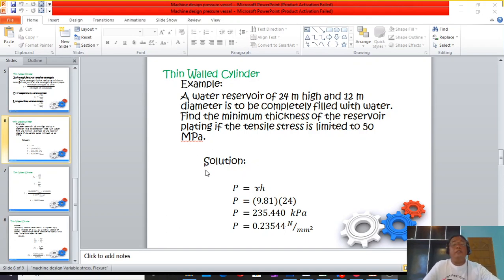So the hydrostatic pressure is equal to the unit weight of the water multiplied by the height. Getting now the pressure of the water at the bottom of the reservoir, the pressure is 0.2354 megapascal or Newton per square millimeter.